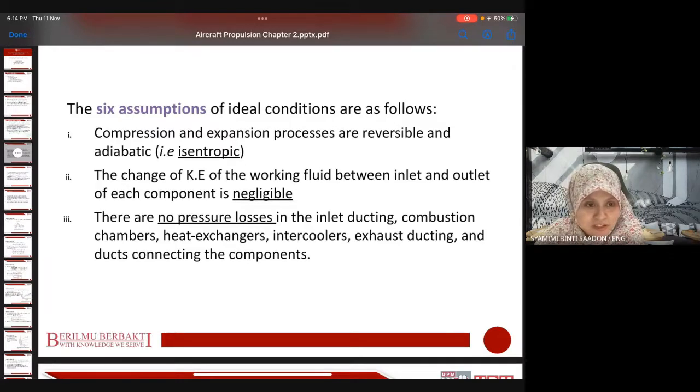Because this will determine which equations or which parameters you can use.